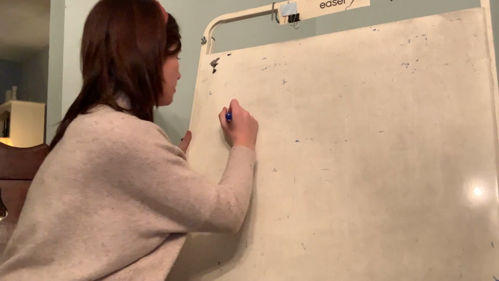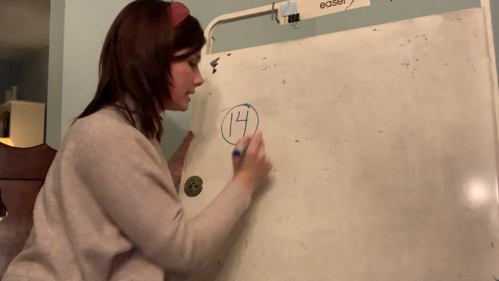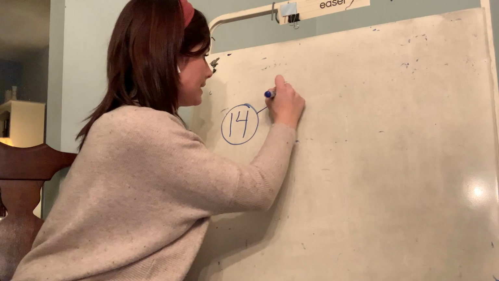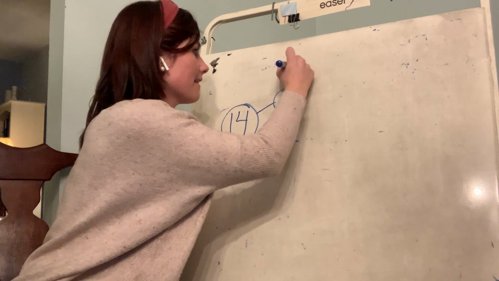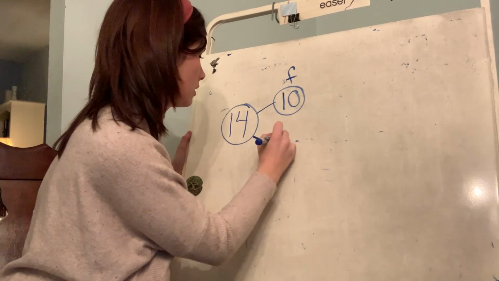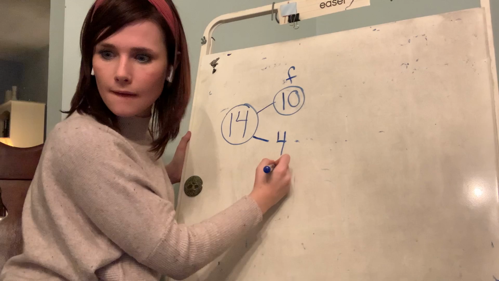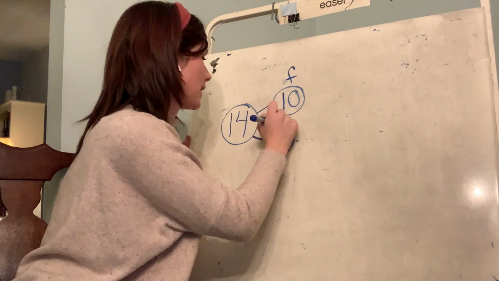All right, we have our number bond. 14 is our whole. That's how many stickers she has all together. 10 on the first page. First page, F, right, for first page. And 4 on the second page. S, right.